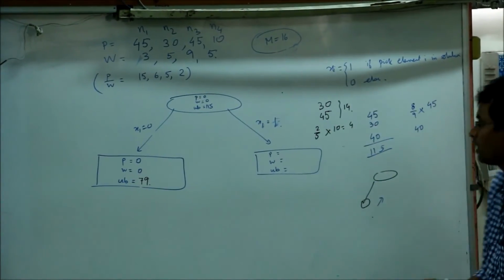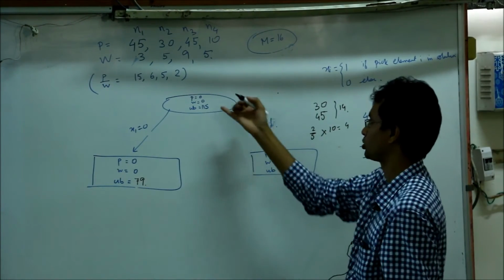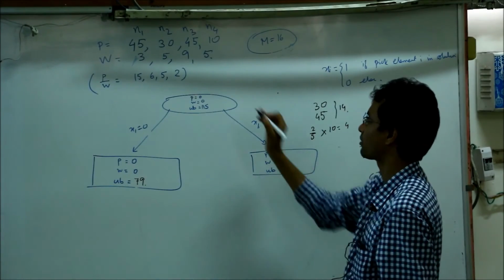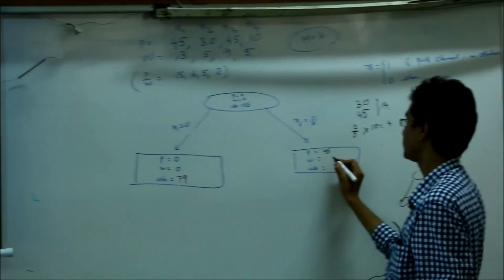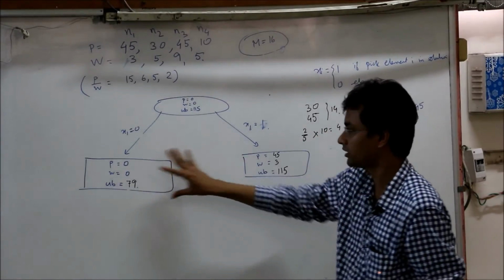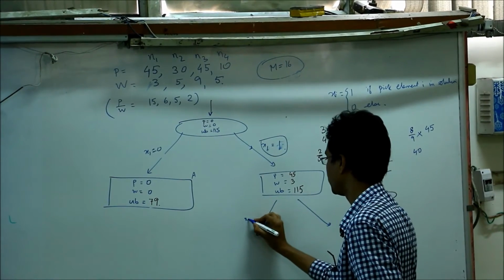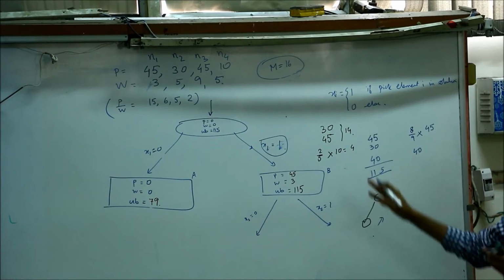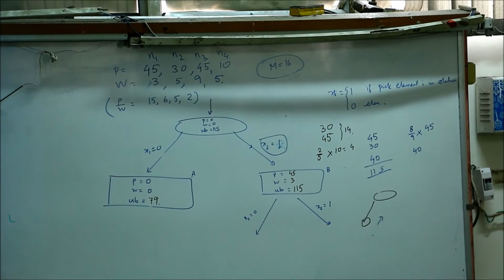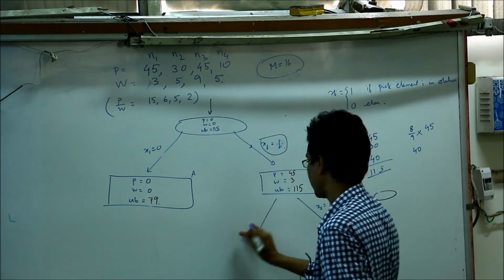right. And what is the upper bound here? So that should be same as this quantity because you already have a profit of here 45. Here the weight is 3 because you have come up with this upper bound, and x2 is equal to 1. These are the possible choices at this step.